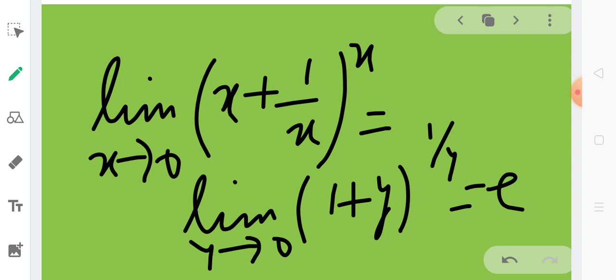So these are a few important limits in physics that you need to remember.